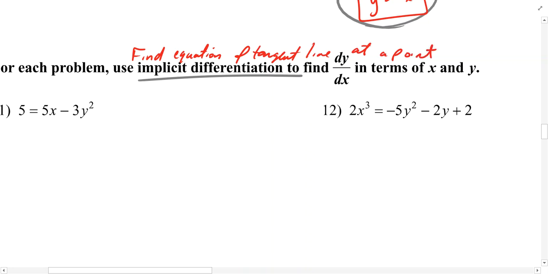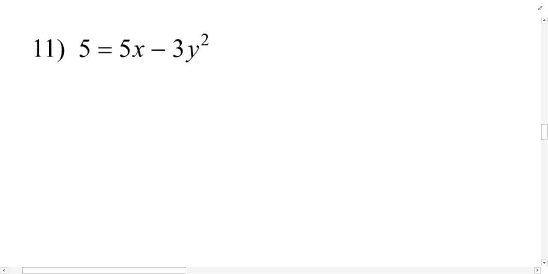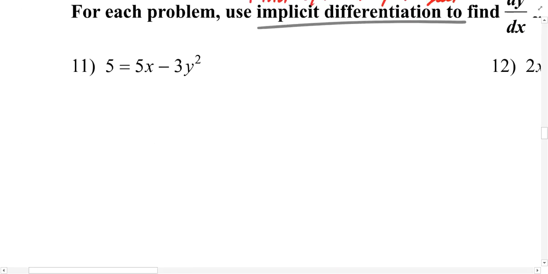Find an equation of a tangent line at a point. And I'll provide a point as well as the implicit equation. So you'll have something like this. And in this case, I could probably supply you with the coordinate 16, 5, and we would find the tangent line at that particular point. So let's talk about the implicit differentiation here. Remember, we're applying the derivative rule to both sides of the equation.